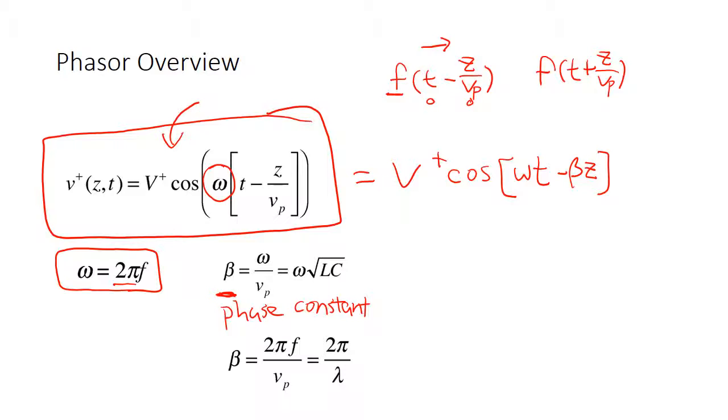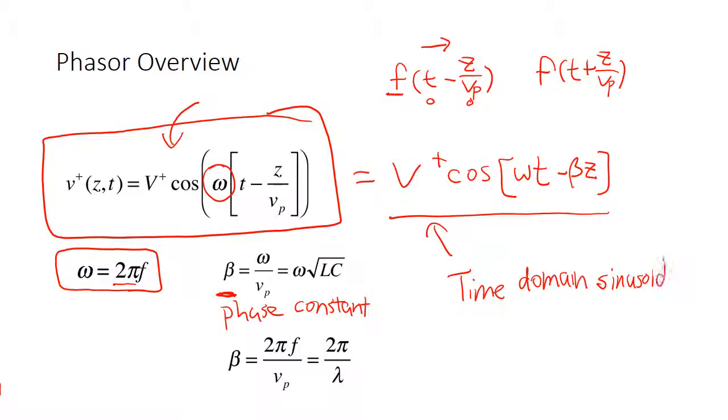So this equation here is going to be our general time domain sinusoid. And we're going to assume that all of the signals that we're looking at are going to be in this form. We're going to simplify everything to an individual frequency of cosine omega.